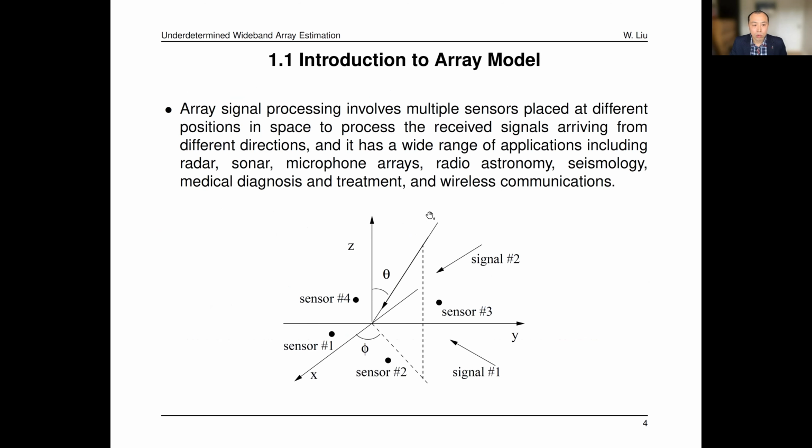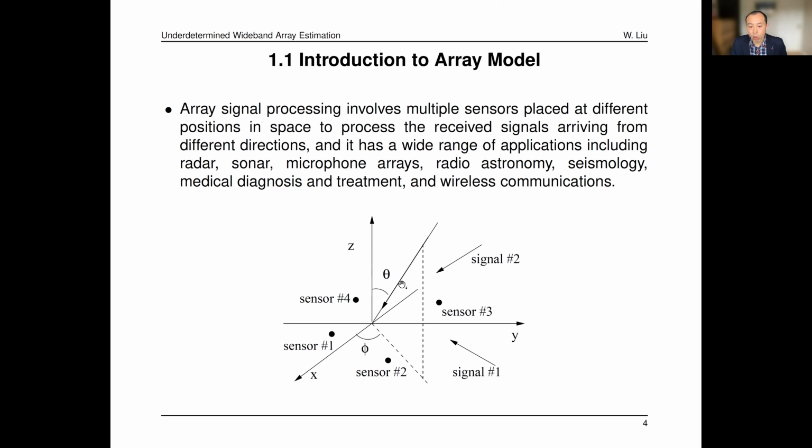So, the array model. Array signal processing involves multiple sensors placed at different positions in space to process the received signals arriving from different directions. It has a wide range of applications, including radar, sonar, microphone arrays, radio astronomy, seismology, medical diagnosis and treatment like ultrasound arrays, and wireless communications. Here you have multiple sensors in different spatial locations, with multiple signals coming.